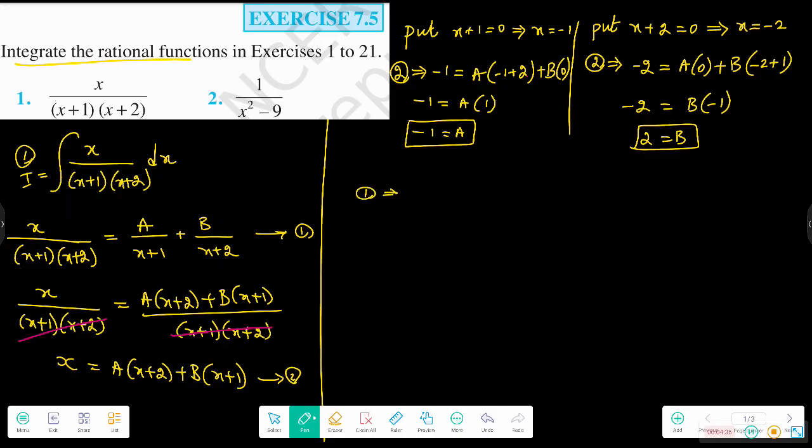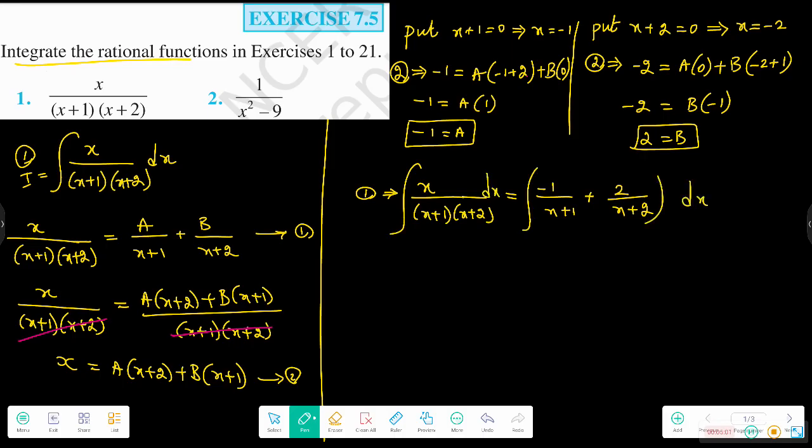So equation 1: x divided by (x + 1)(x + 2) is equal to the A value we got, -1 divided by (x + 1), plus the B value we got, 2 divided by (x + 2). That's it. Have you noticed it? Now you can apply the integral on both sides.